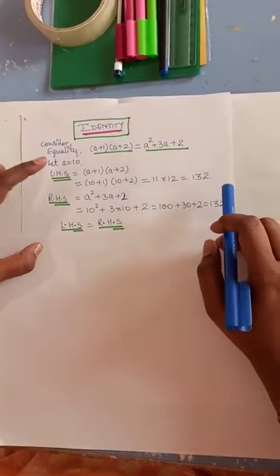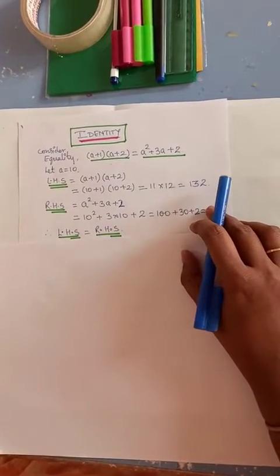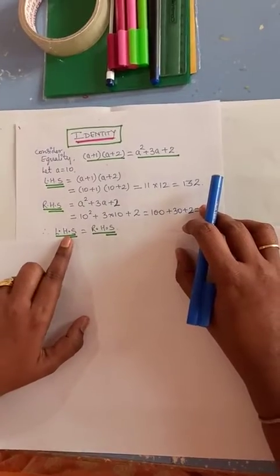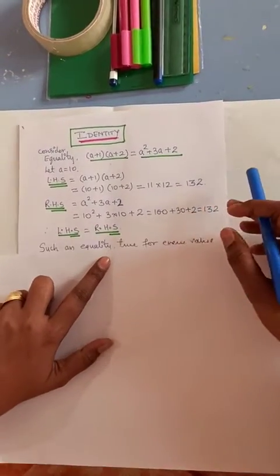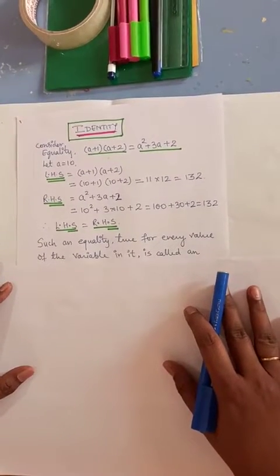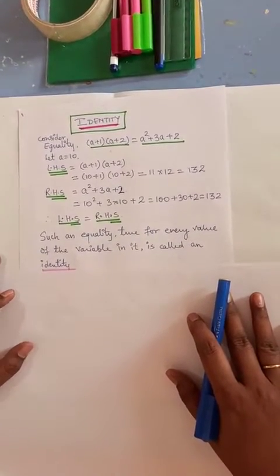Now this is not only for a is equal to 10. You take any value of a. If you take 0, if you take 1, if you take minus 5, in every case you will get LHS equal to RHS. So such an equality true for every value of the variable in it is called an identity.